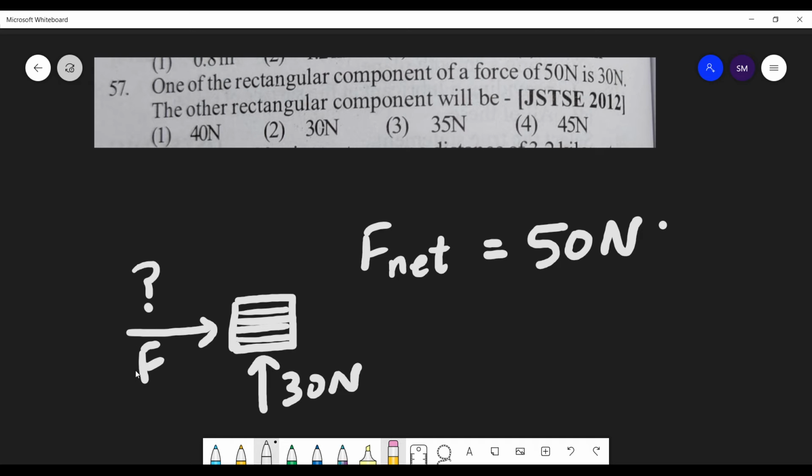How much is this F? So that the net force, this is F1, this is F2. So how much is F2 so that the net force is 50 Newton? You have these choices: 40, 30, 35, 45.